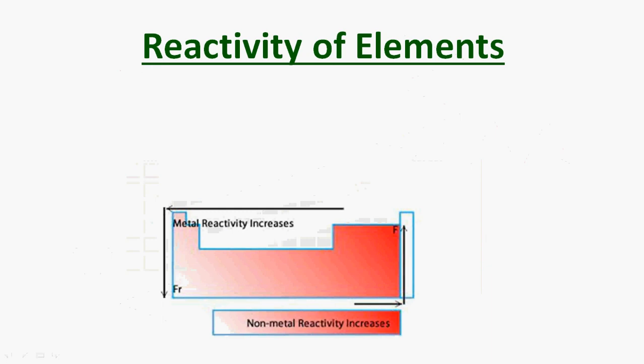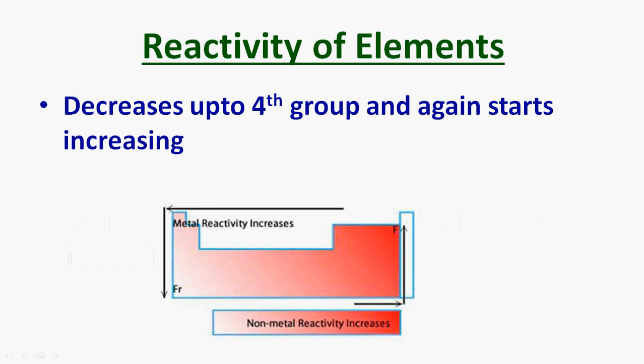Next comes the reactivity of the elements. Okay. So as one moves from left to right in a period, the reactivity of elements gradually decreases up to the fourth group, and then starts increasing, because metallic character is decreasing, so the reactivity will decrease till the fourth group. Then when the non-metallic character increases going towards the right side, the reactivity will again increase.